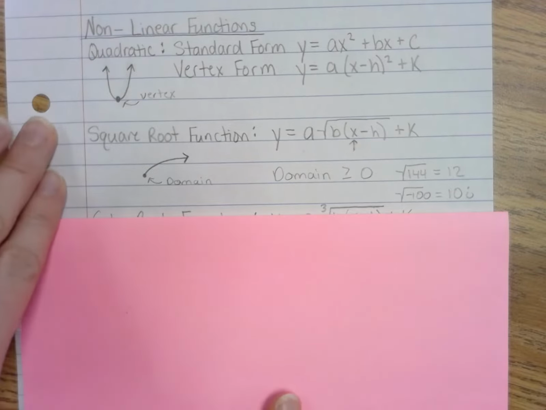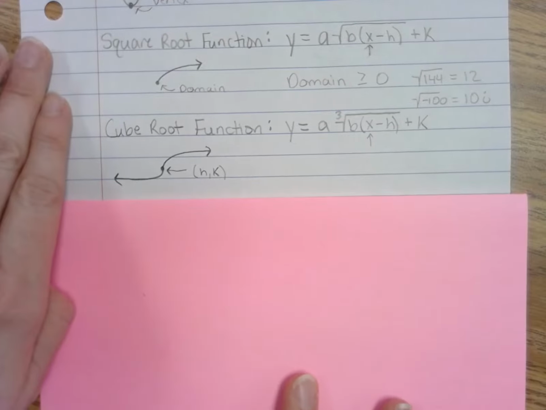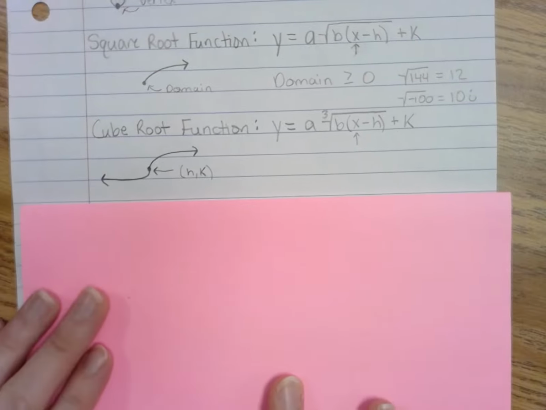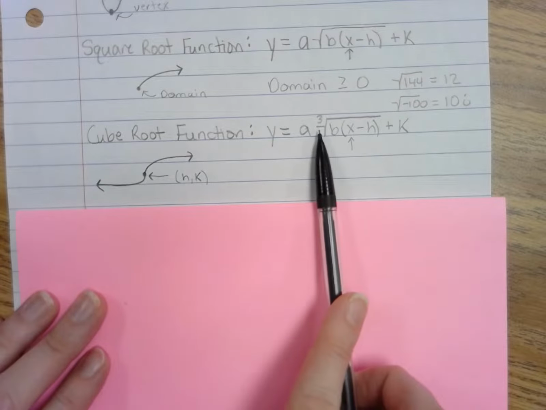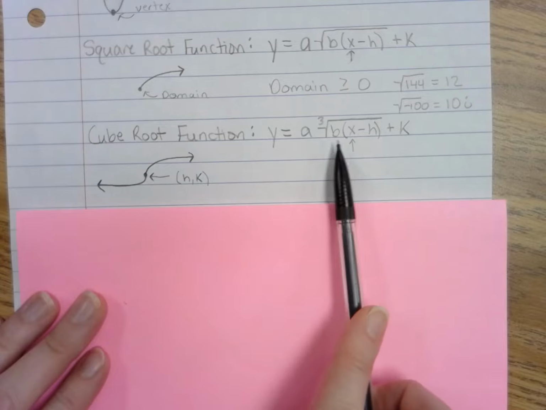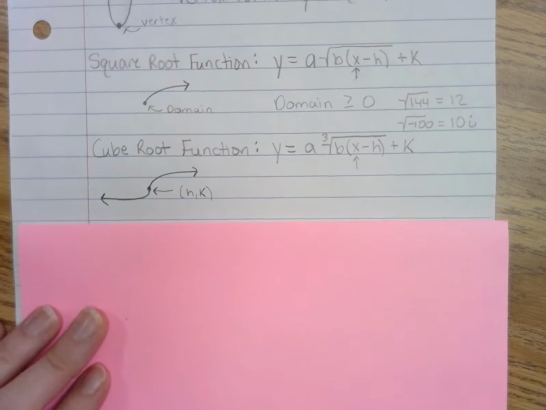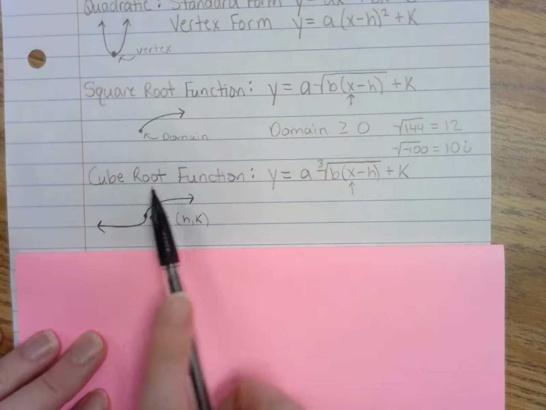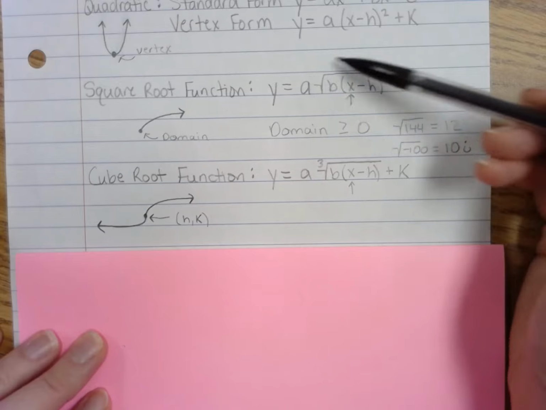Let's look at our next nonlinear function we will work with, a cube root function. When working with cube root functions, we see that y equals a times the cube root of b times (x minus h), plus the k is again on the outside. So notice with square root and cube root functions, our variable x is inside our radical.